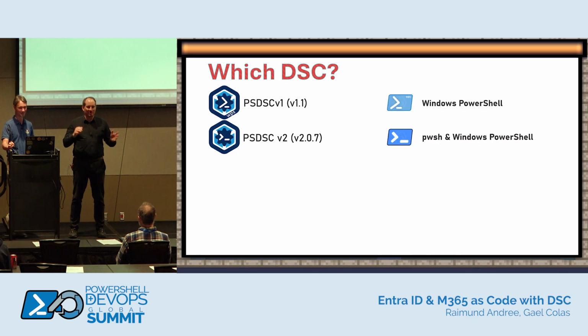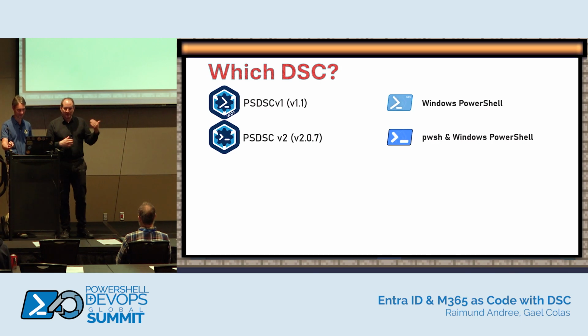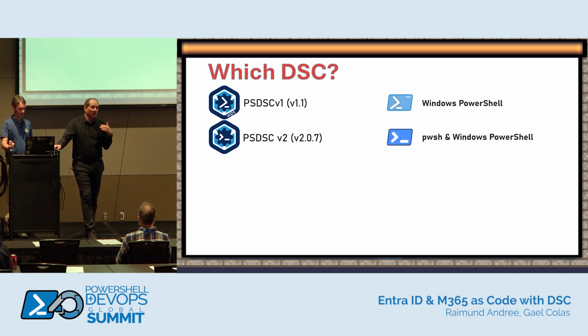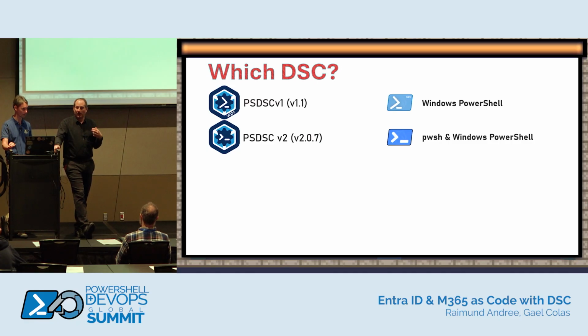But that's a story for a different time. You've got the PSDSC v1, which is Windows PowerShell only, so the old WMF5, PowerShell 5 version. And then they released the PSDSC v2. This is the module, the PowerShell Desired State Configuration module, and version 2 at the moment is version 2.0.7.